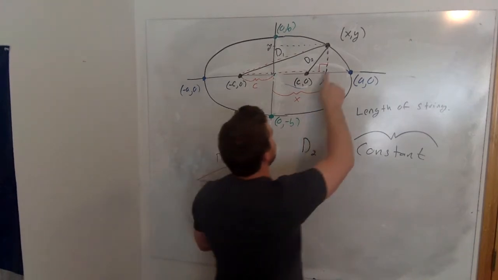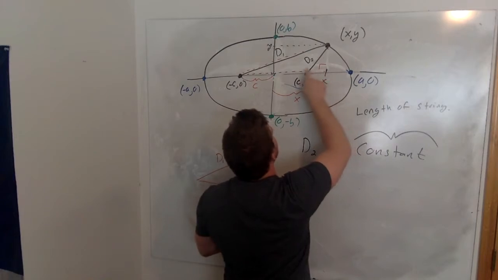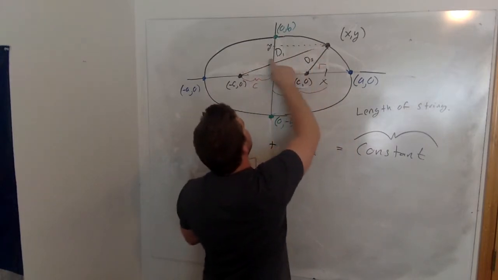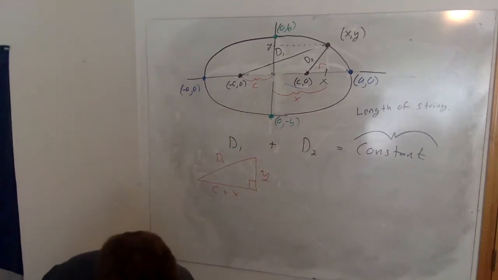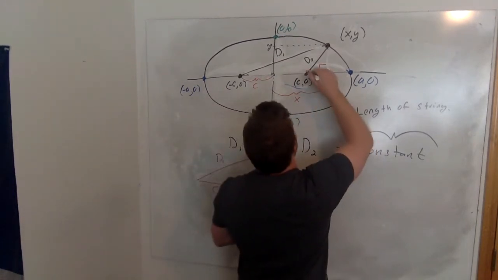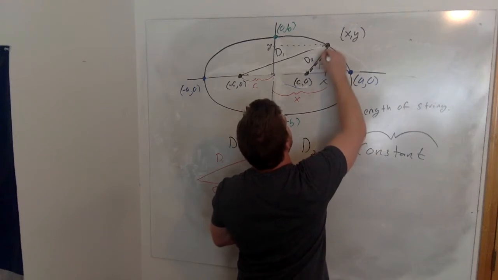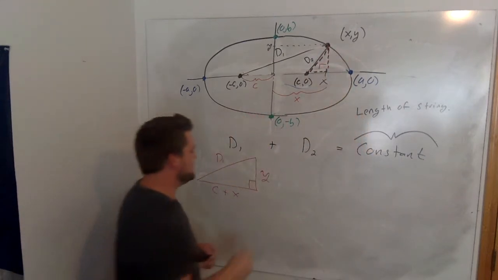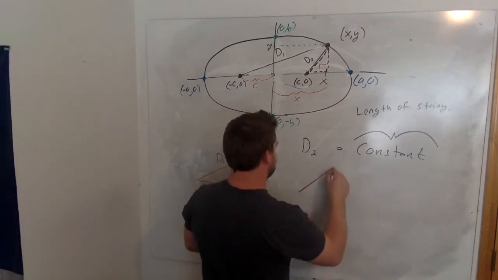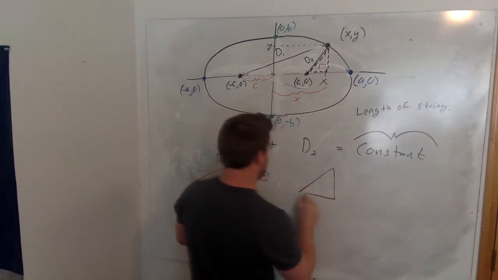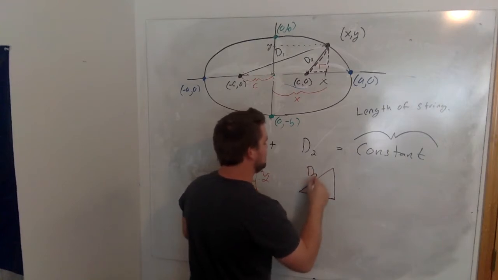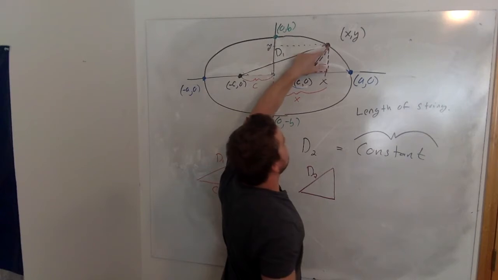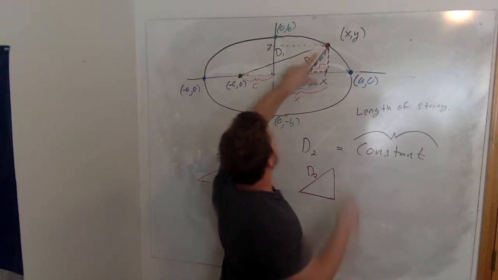We'll do the Pythagorean theorem in just a moment, but we have the other triangle we need to look at. Let's look at this other triangle to figure out distance d2. We have this smaller right triangle right here. So let's sketch this one. This here is D2. Again, the length of the vertical leg here will still be y.